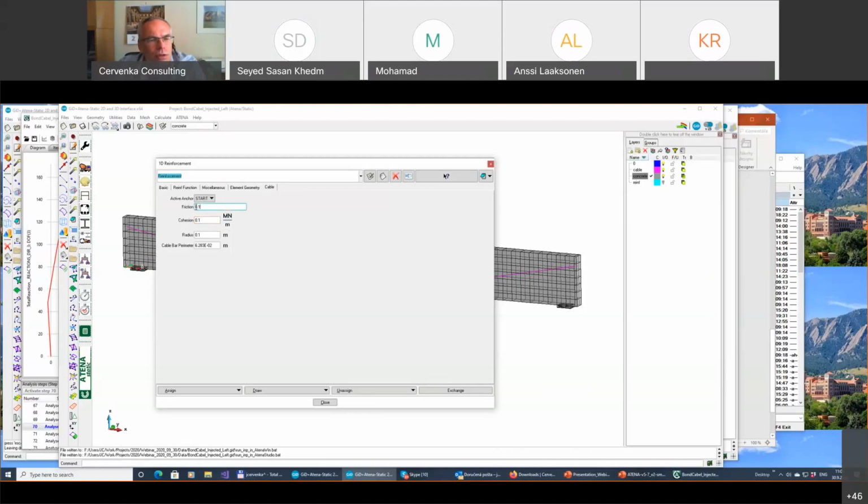But the friction and the radius of the deviator, these are the important parameters that can then be used to simulate the pre-stressing losses in the same way as we did it here during the pre-stressing. And in these external cables, usually you don't have the second phase that it is injected. So you won't need to make this exchange of material. You could keep the same material definition for the whole analysis process, because you will have friction or slips in these deviators even during the loading.